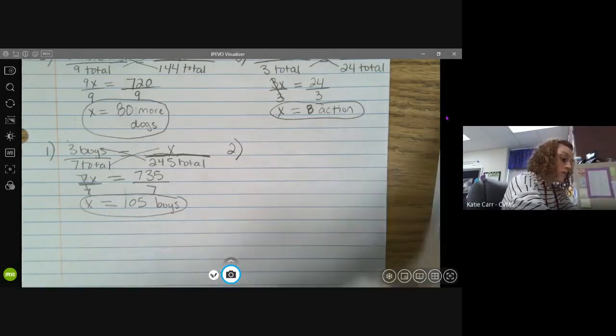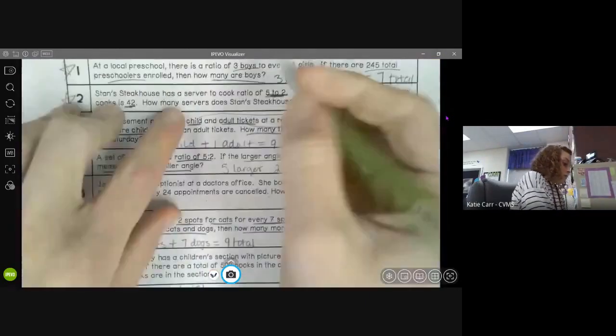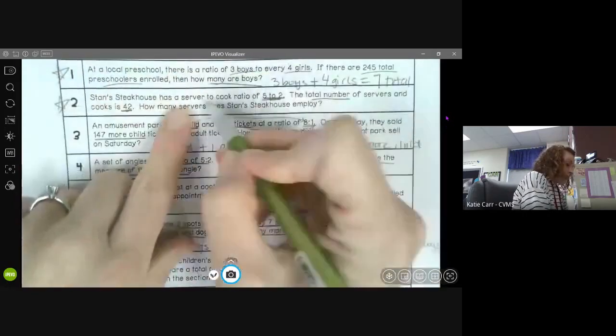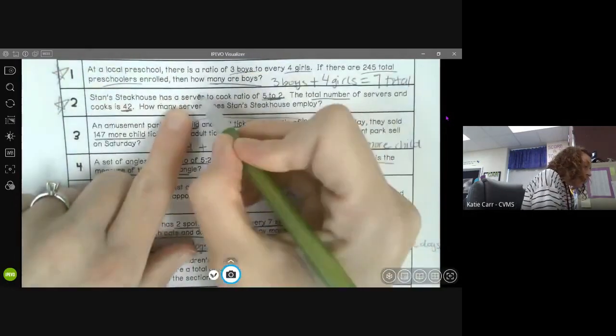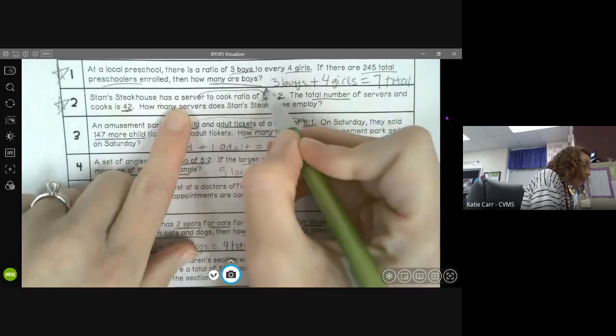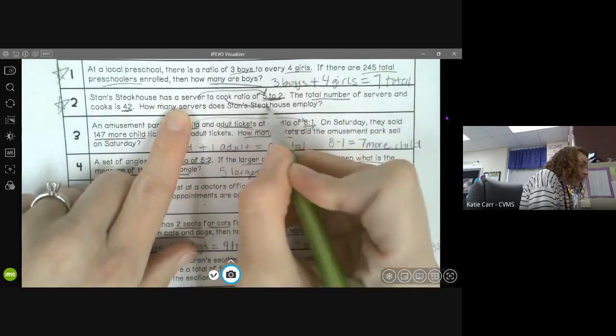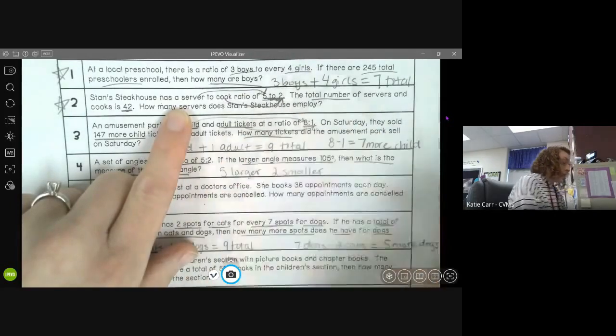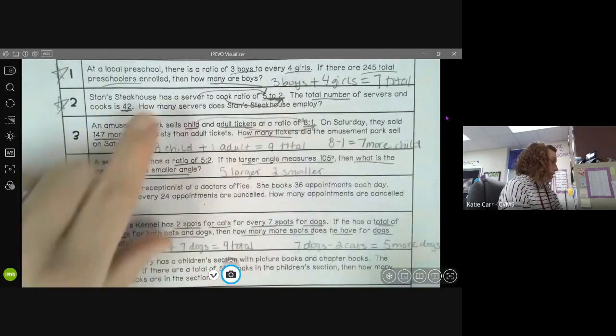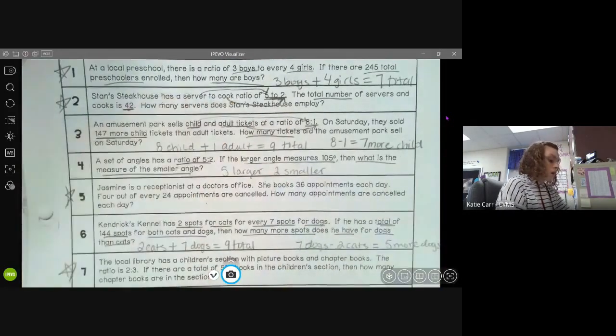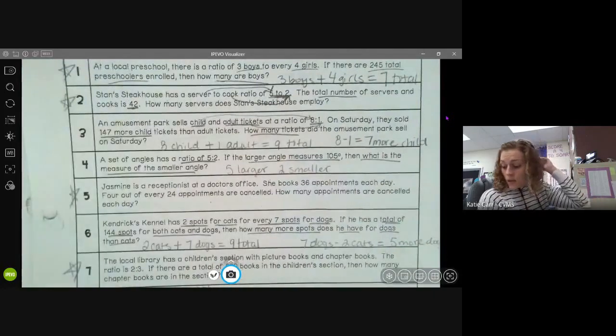So the server is first, the 5, because it came first. So I'm going to draw an arrow to the 5. And then the cook is the number 2 because it's second in the sentence.